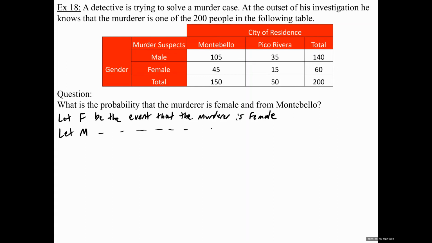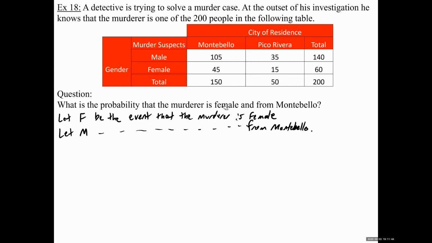Let M be the event that the murderer is from Montebello. So what I'm writing here, I need you to write. If it's not given to you, if I don't say this letter means this, then you have to do that in the problem. You don't have to make up a letter for every possible event. Just make up a letter for the events that are in the question. Since you see an and, just make up a letter for what's before and what's after it.